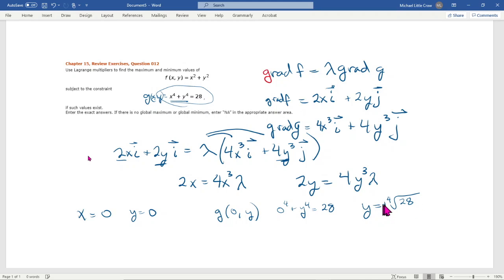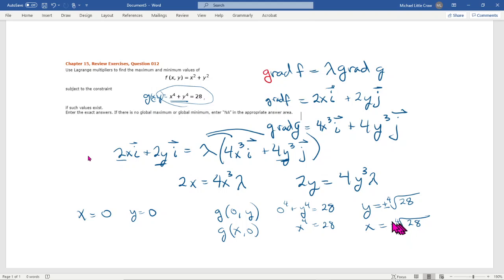It's even, so it gives us a plus or minus. Similarly, if y is 0, what would x be? So we'll just shorten it up. That's x to the 4th equals 28. So x could be, again, plus or minus the 4th root of 28. So that's a potential solution there.